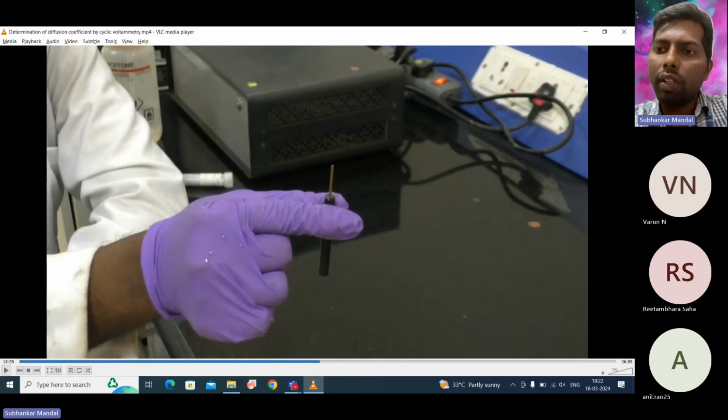As I have mentioned, what is the function of the counter electrode, or the three-electrode setup, what are the functions? At the working electrode, you see what redox process is happening. The counter electrode is there for the measurement of current, and the reference electrode is to measure the potential between the working electrode and the reference electrode. Okay, so these things we have discussed.